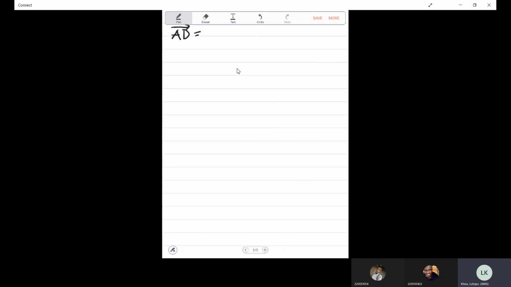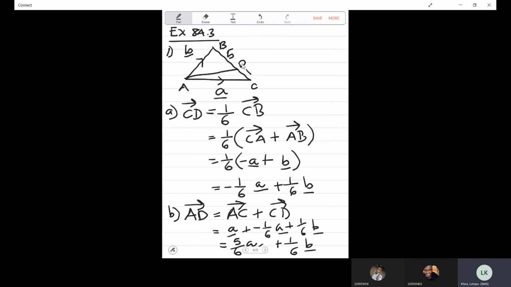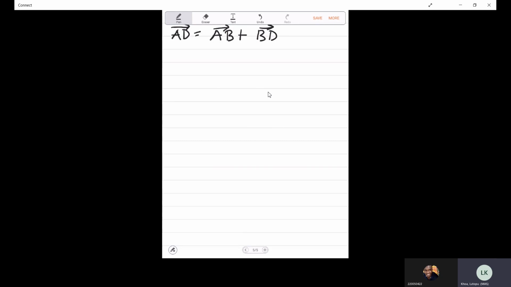And for this, to go from A to D, I must first go from A to B. And then once I get to B, I'll go from B to D. Now notice this B to D is not given, but what I do know is that BD is 5 over 6 of BC.